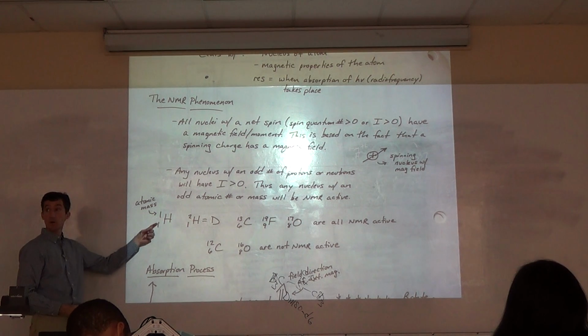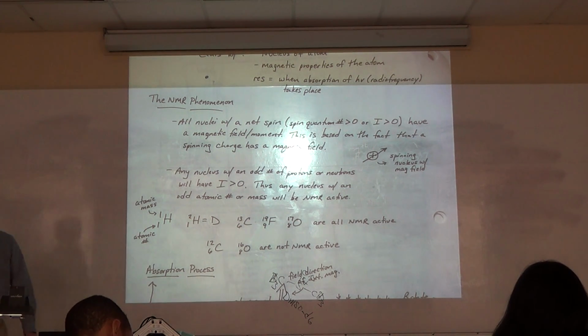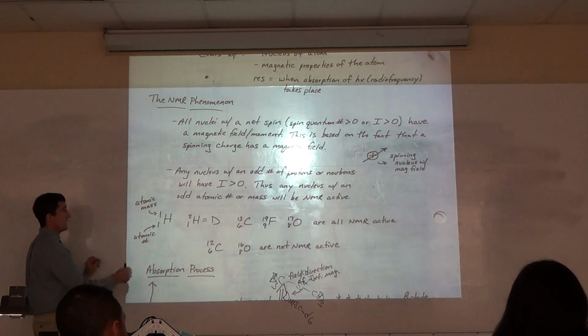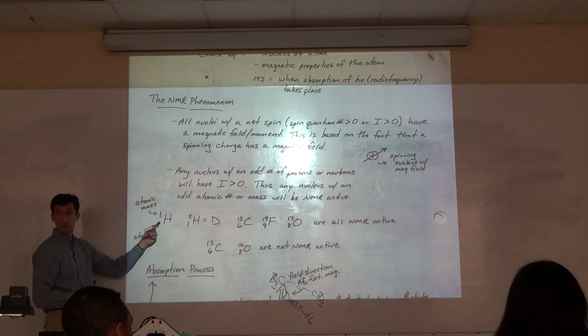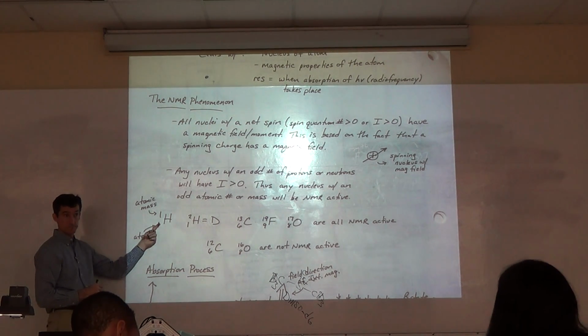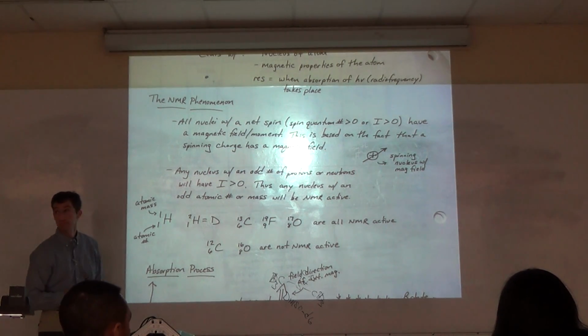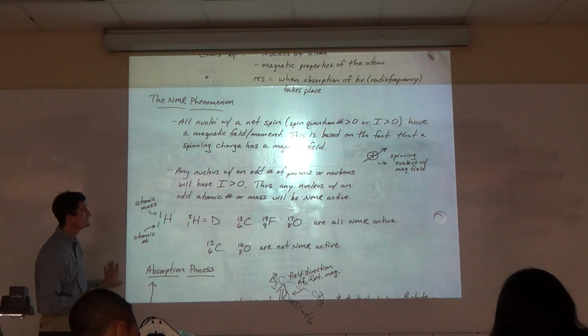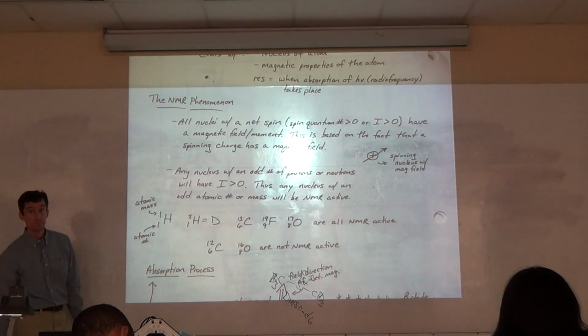So all it is, what? 1 proton. That's why we call it a proton. Does it have an odd number of protons? Yes. That's going to be NMR active. That's it. You read this here. That's all it takes. One of them being odd.